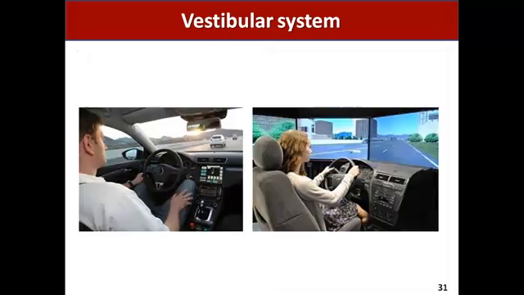In these two examples here on the left-hand side, we see a person driving a vehicle, although his hands are not on the wheel. They should be, but here we see somebody driving along the road. Here we see somebody in a driving simulator.